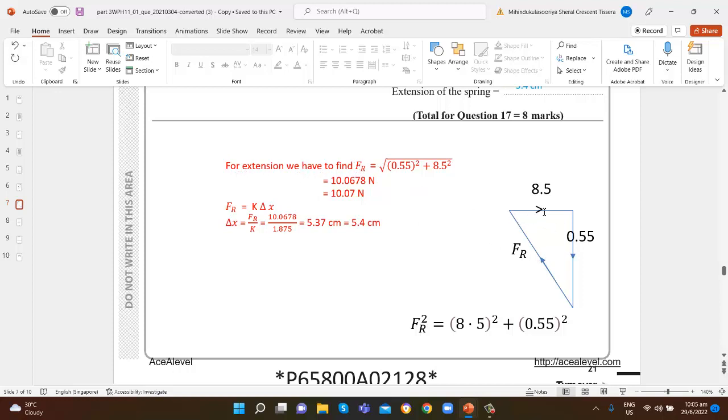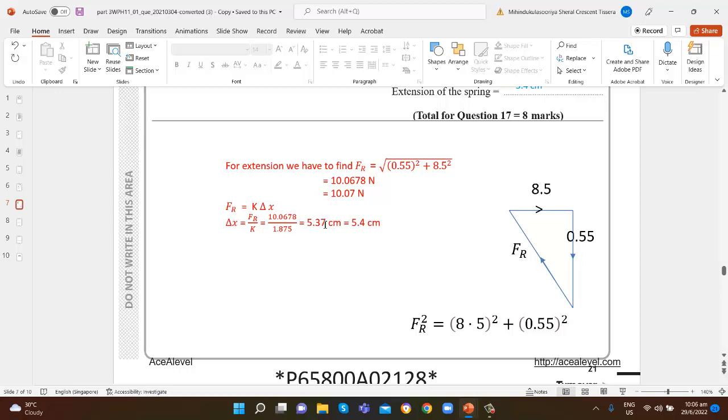FR is 8.5 squared, according to Pythagoras, plus 0.55 squared. You get the total and take the square root. You are getting 10.07 N. So FR is k delta x. So you know the extension.